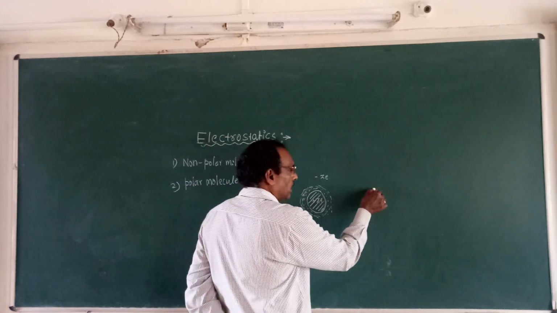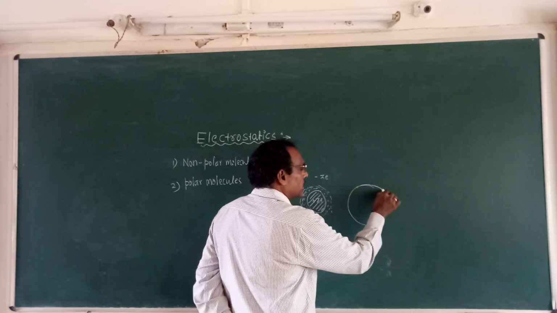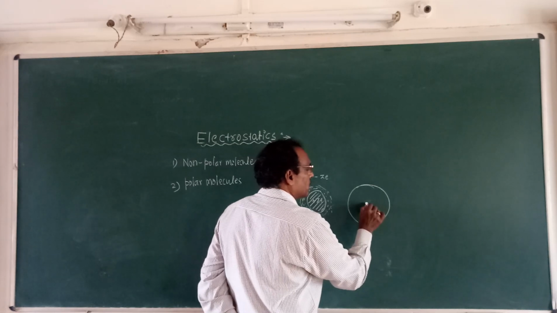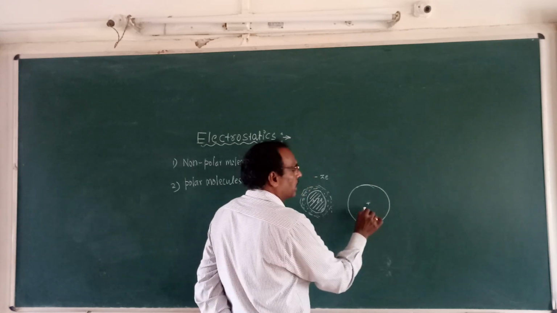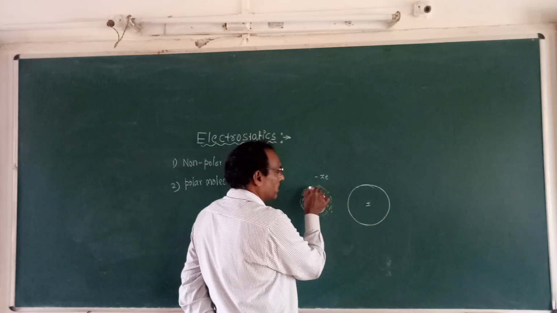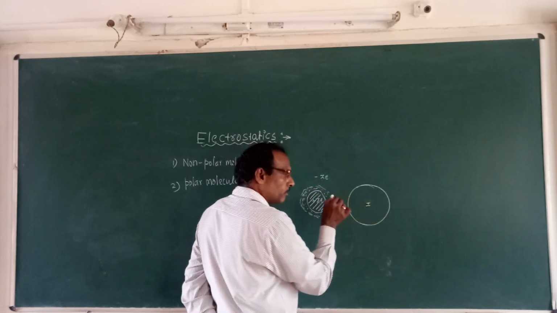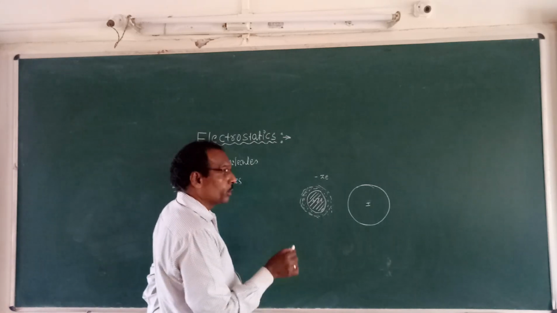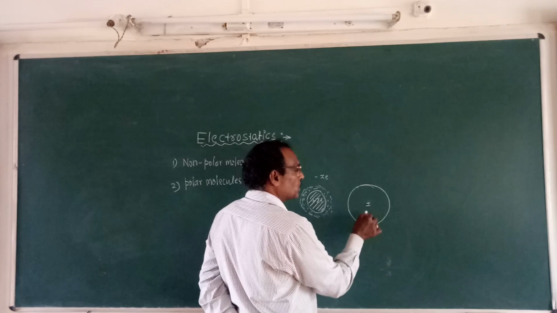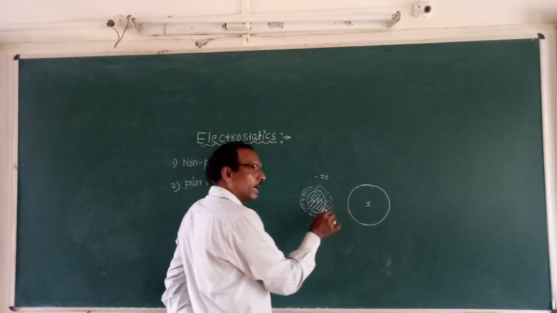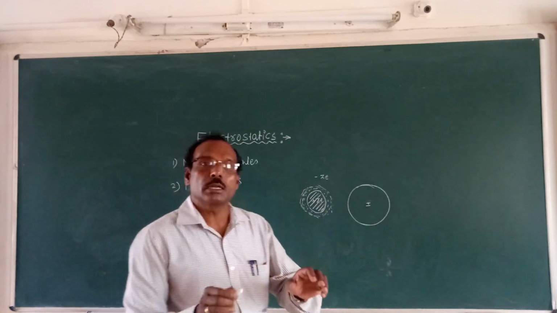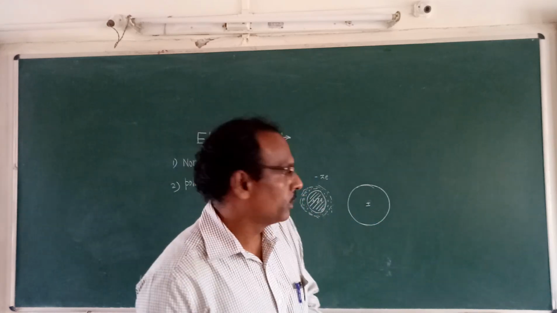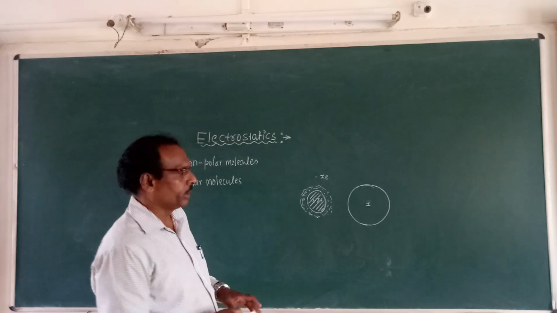If I draw another picture here, the center of gravity of the nucleus is denoted by plus, and the center of gravity of electrons. The non-polar molecules are the molecules in which the center of gravity of the nucleus coincides with the center of gravity of the electron cloud.